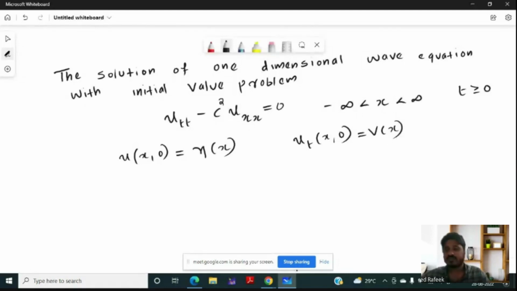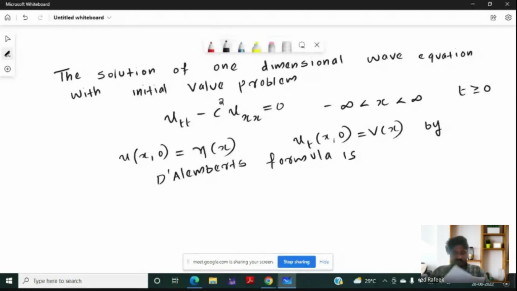By D'Alembert's formula is the solution of this. This is the D'Alembert's formula.